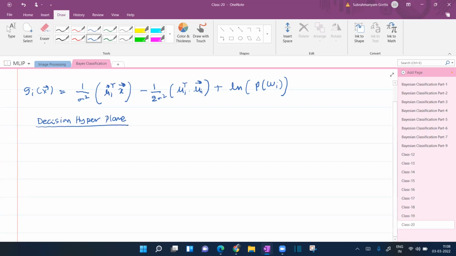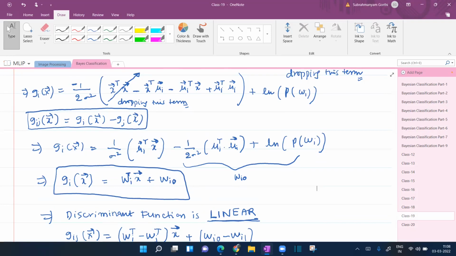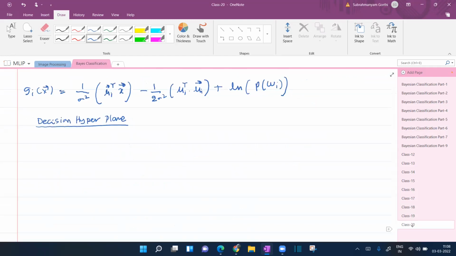G i of x bar, if you recollect, is what I just copied from the last class notes. You could see here g i of x bar equals 1 over sigma square, the same term that you see here. This is optional, but you gain some advantages: I multiply it with sigma square again. You could think of it as slightly redefining my function as it is more convenient.